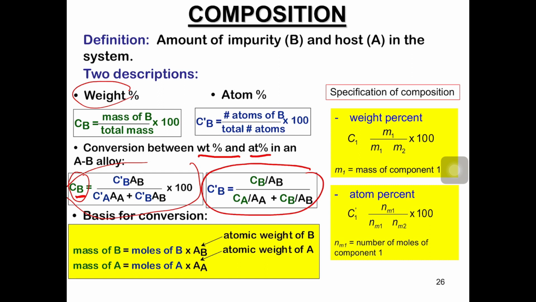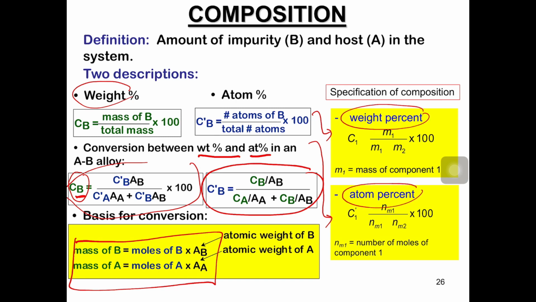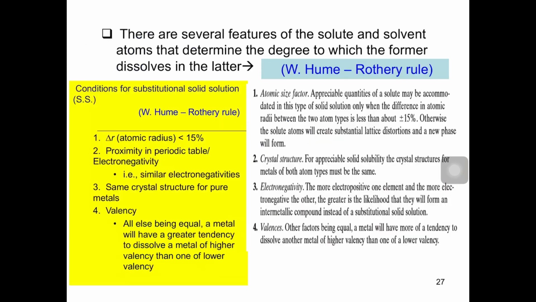For the mass, you just calculate with this formula. From this we can convert it into brief numbers, which are easier to understand, from weight percentage to atom percentage.